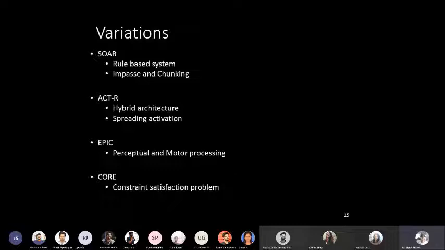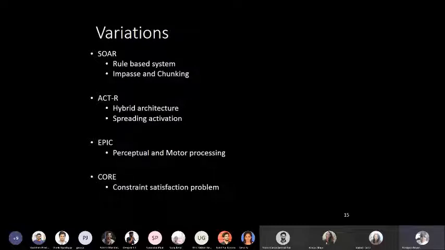So the EPIC model proposed by David Kieras modeled perception and motor action. Motor action was mostly modeled by Fitts' law, and later on the EPIC model of perception and cognition was adopted by the ACT-R community, and the present version of the ACT-R model is known as ACT-R PM, where P and M stand for perception and motor action.